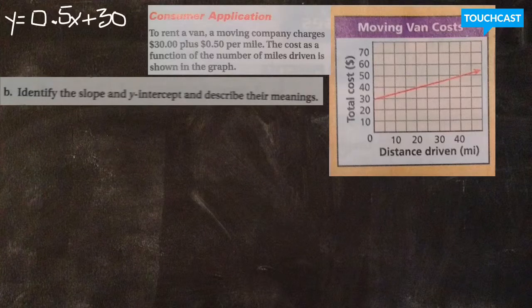So our y-intercept is 30, and the meaning of that is if we drive 0 miles, then we will have to pay a fee of $30.